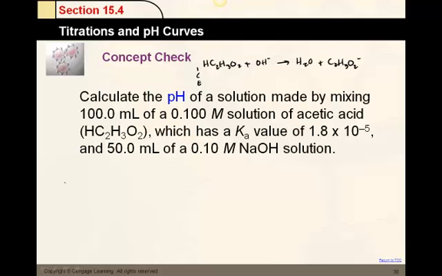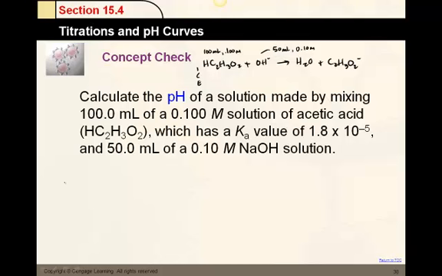Now, we have some information here, and we have 100 milliliters of the 0.1 molar solution of acetic acid, and that's pretty nice. So 100 milliliters of 0.100 molar, and I'm writing it above to remind me what they are. This is 50 milliliters of 0.1 molar. All right.